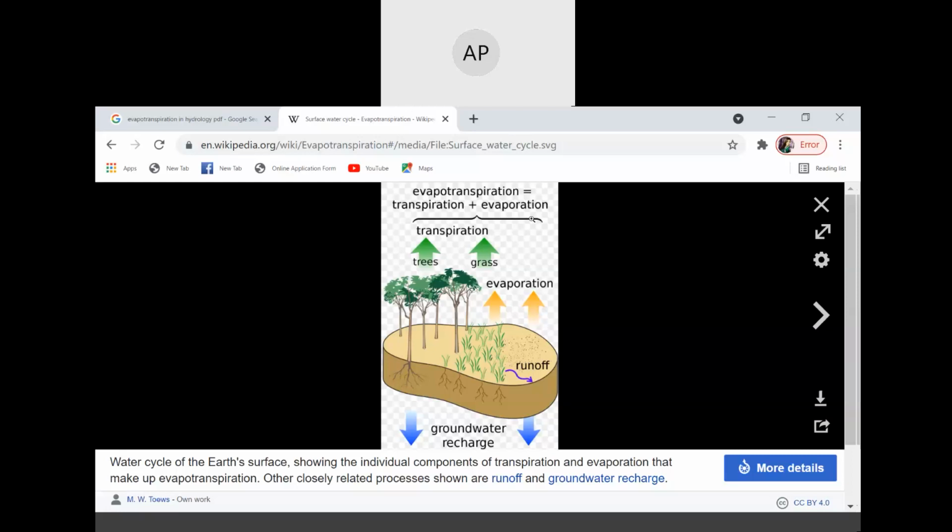Are you able to hear me? Yes, ma'am. So what is transpiration? That is the process of water passing out from the surface of the plant or leaves. And evaporation is the removal of water from the surface water, together known as evapotranspiration. Is it okay?